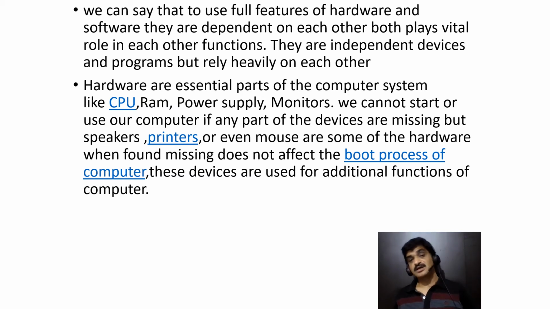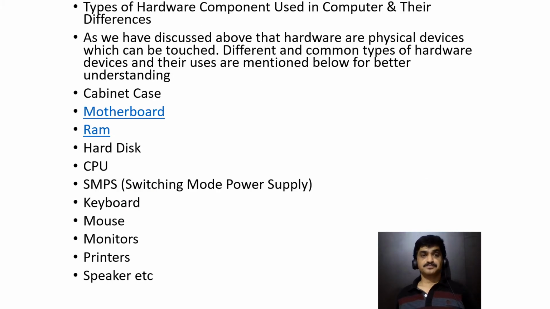Booting is nothing but switching on a computer. These devices are used for additional functions of a computer. So these are external hardware, and CPU, RAM, power supply, monitors, motherboards and others are known as internal hardware of the computer. Let us see the differences among the hardware components used in the computer.